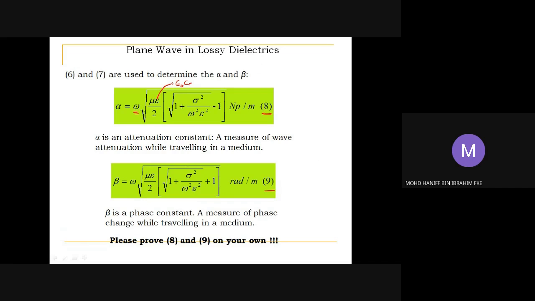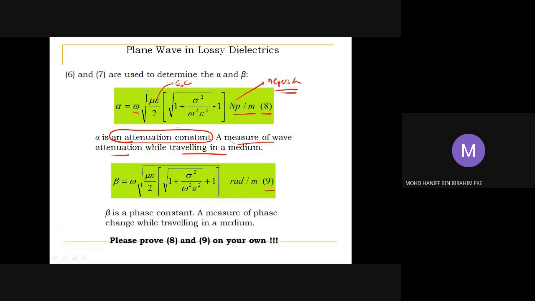This alpha is in units of nepers per meter, and it represents the attenuation constant, which is a measure of the wave attenuation while traveling in a medium. Basically, alpha is the parameter which determines how much the wave is attenuated while traveling in a lossy dielectric or lossy medium.